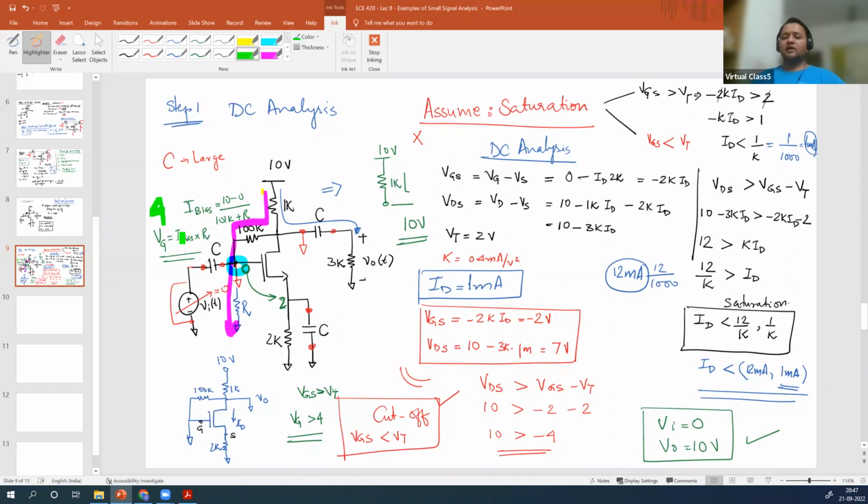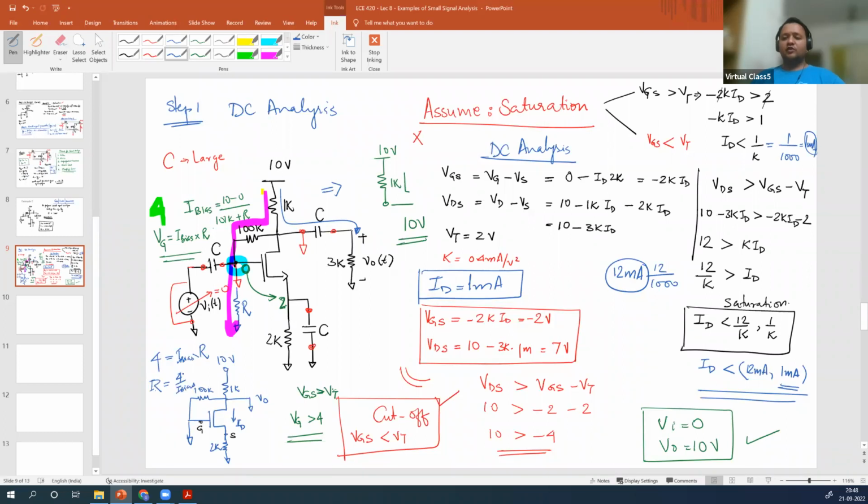Assuming the bias value is 1 milliampere. Right? You need 4 volt. What will be the answer? So 4 volt equals I bias times R. R is 4 by I bias.